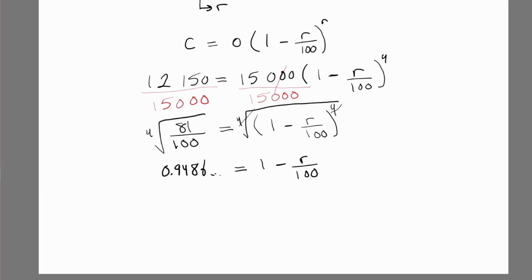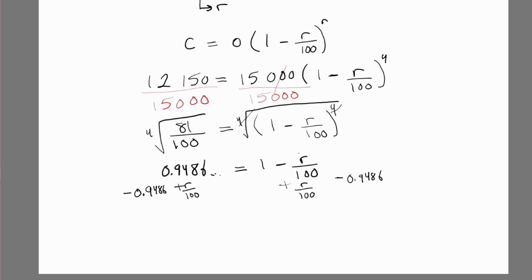So there are different ways you can do this. What I'm going to do is add R over 100 to both sides. And I'm also going to subtract the 0.9486.